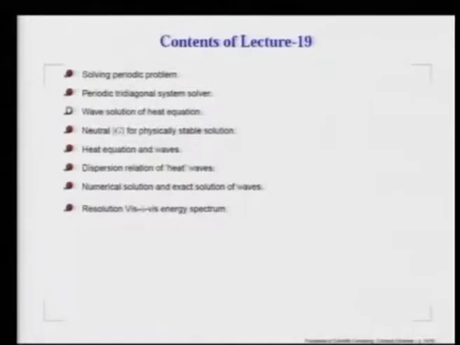This comes about through the application of a time harmonic periodic boundary condition, and for such a solution, once again, we need to establish that the modulus of the numerical amplification factor has to be neutral, so that we can obtain a physically stable solution.